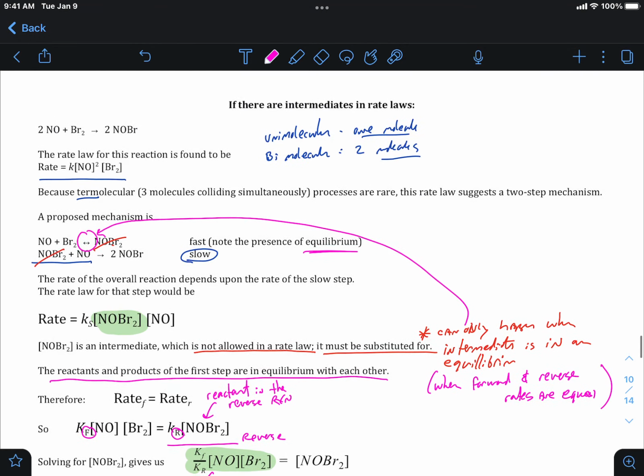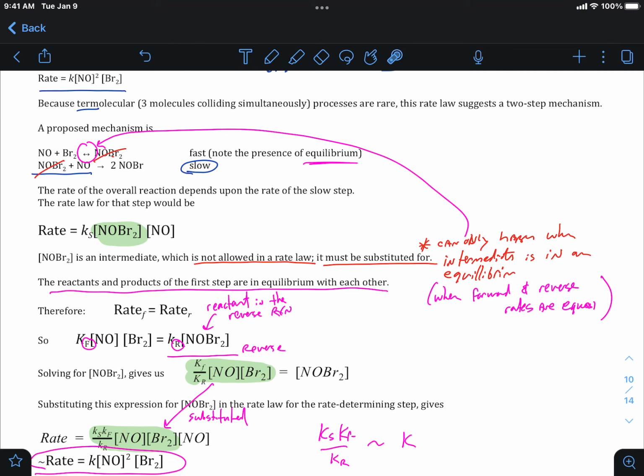So back up. If you see an intermediate in a rate law, you know that intermediates have to be canceled. The slow step requires these two as the reactants, but one of the reactants is an intermediate, which cannot be used. That intermediate is probably in an equilibrium with other things.